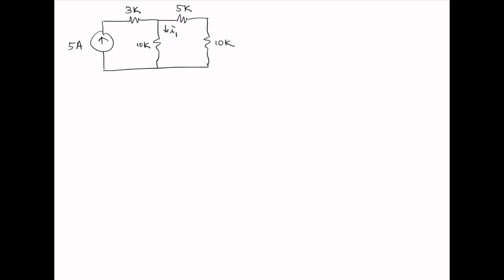So we cannot use the current division rule at this point because we have more components in here. We have a 5K and 10K. They are in series because the current going through 5K is the same current that goes through 10K. That's the definition of series as we discussed in class. Therefore, we can combine this, with a 5mA current going up.